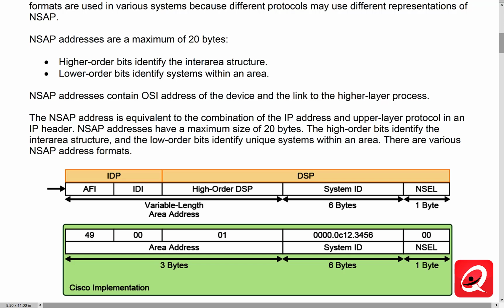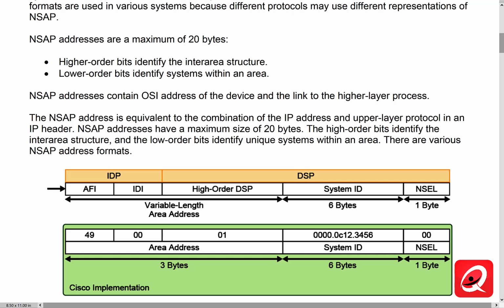So the AFI byte specifies the format of the address and the overall authority that is assigned to that address. And we already saw some of the values that existed for that. Addresses that we typically would see are going to start with a 49, which are private addresses, again, analogous to the RFC 1918 address space.